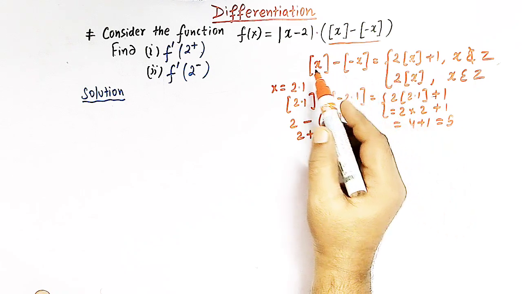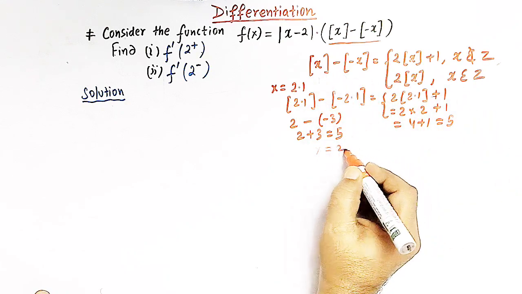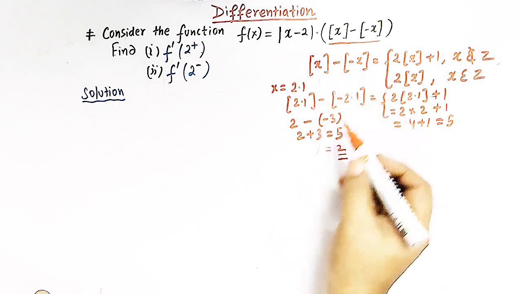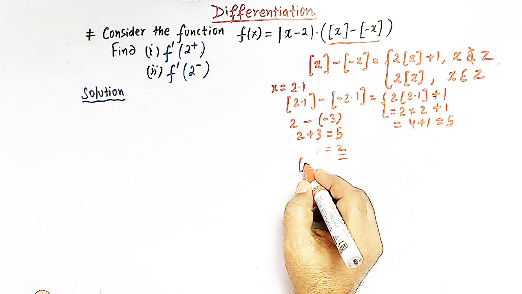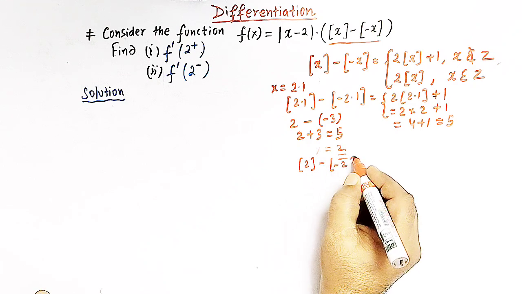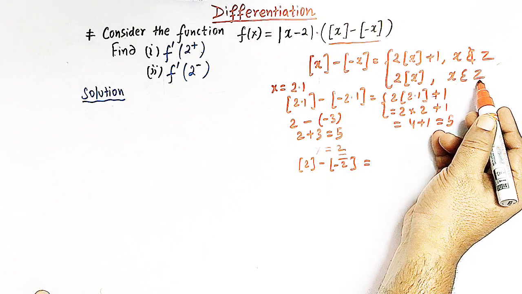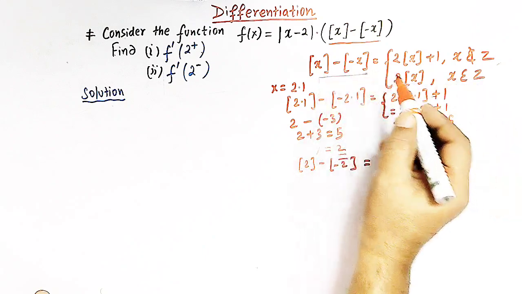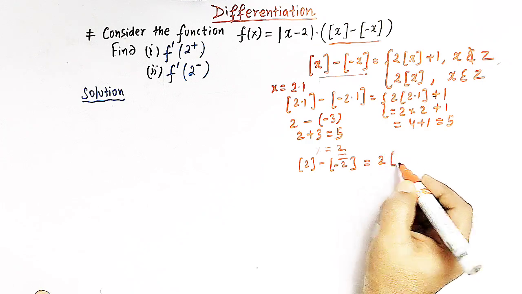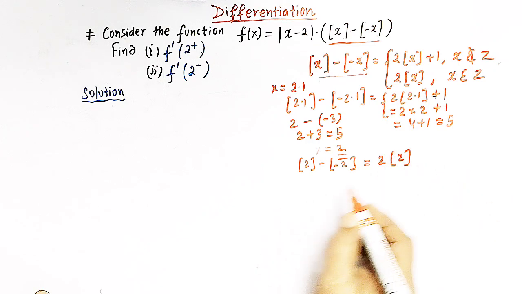Now let us take x as an integer. Suppose we have x equal to 2. Now 2 is an integer, so the value of this expression is the greatest integer of 2 minus the greatest integer of minus 2, and when x is an integer, the value of this expression is 2 times the greatest integer of x. So here we have 2 times the greatest integer of 2.